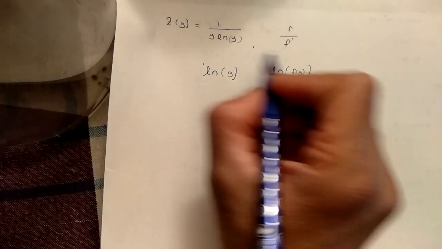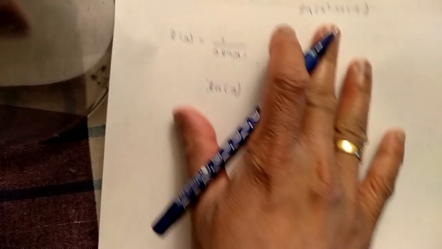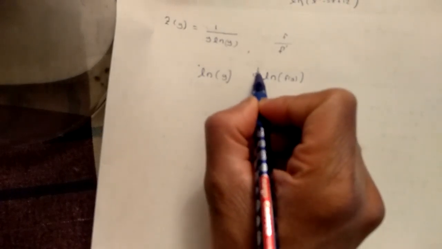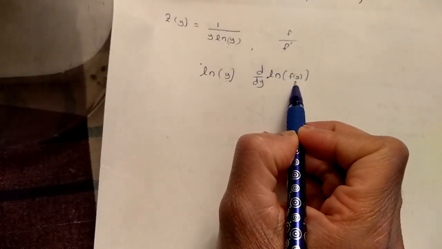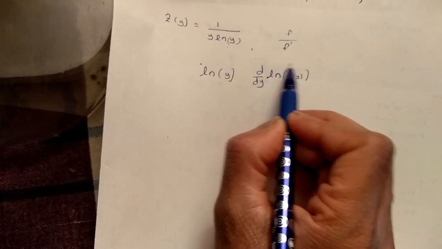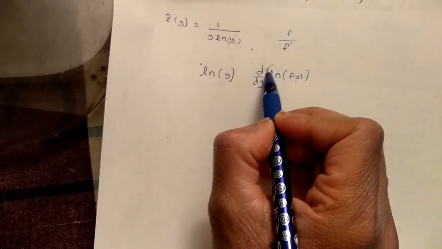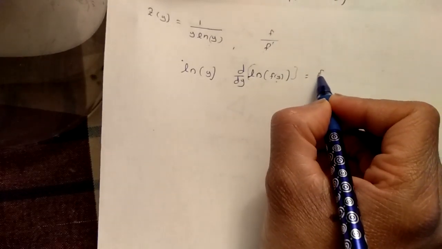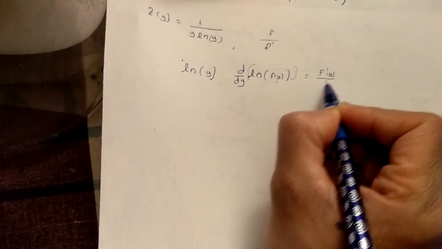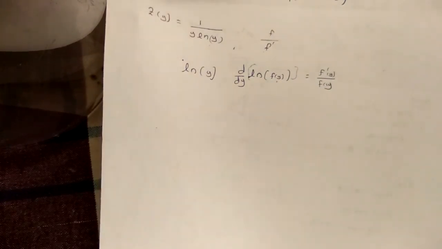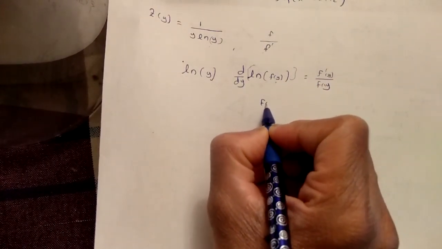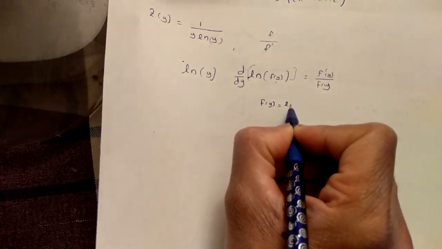If you have the logarithm of f(y), now instead of x variables as it was in the previous questions, we are using y. So we should differentiate everything now with respect to y. If we have a function in terms of y inside a logarithm, and we need to differentiate it, what you will get is f prime of y divided by f(y). Now let's say our f(y) is equal to ln y.